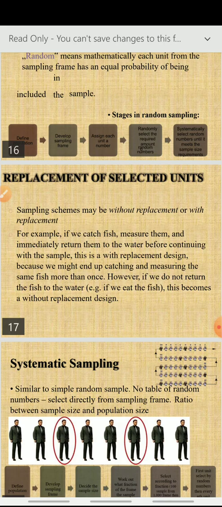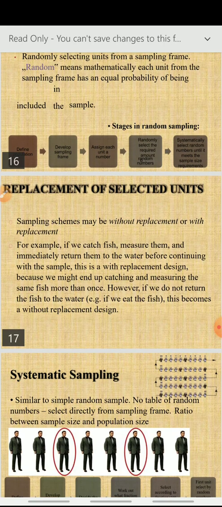Then from the 40s we select 45, then 49. We don't know which ones, that is the choice of the researcher. So that is unbiased, and that is not having any kind of partiality.